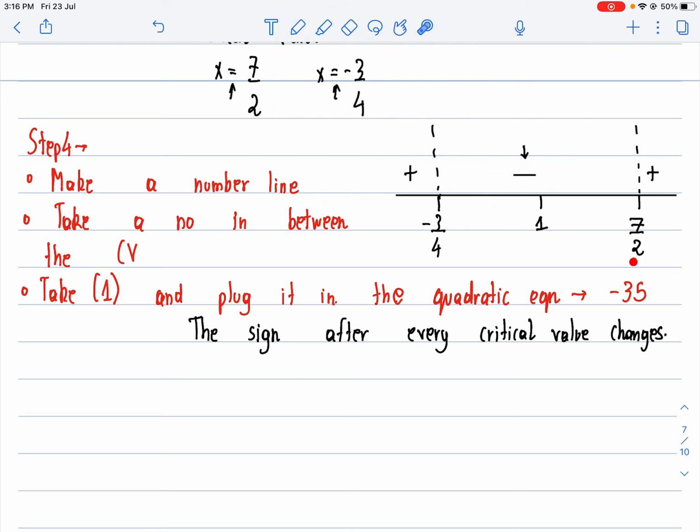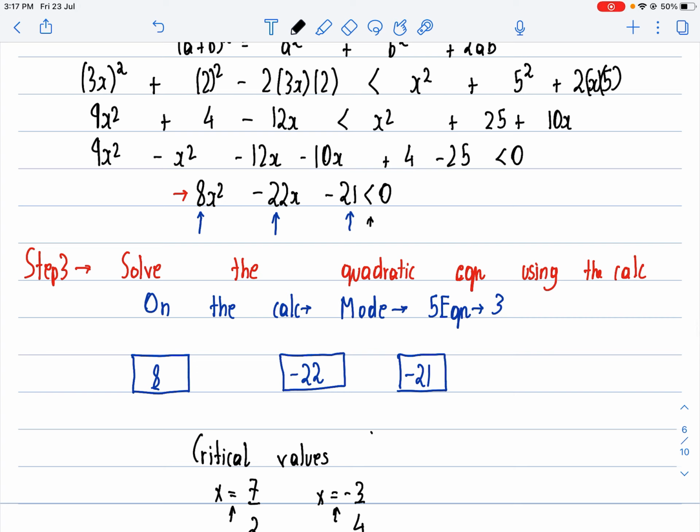Now you need to see what you need. You need the quadratic to be less than 0 here. What does less than 0 mean? You need the quadratic to be negative. That means, when do you get a negative sign in the number line? That's another step: identify the sign required. This is a very important step.